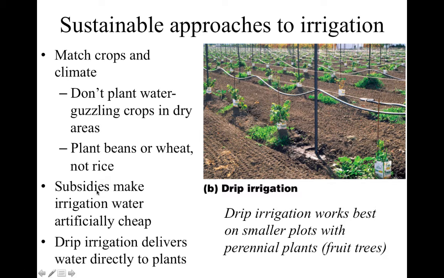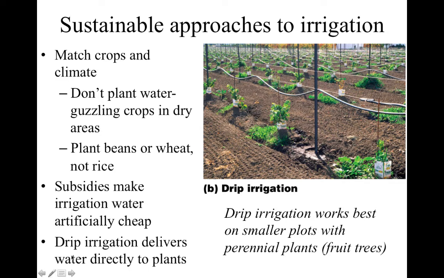Here's what we're talking about with the first slide, the subsidies. Government can subsidize irrigation or maybe provide the infrastructure of water pipes to bring water to farms and things like that. And it actually makes the water cheaper than it really should be. And it promotes bad farming practices, really.